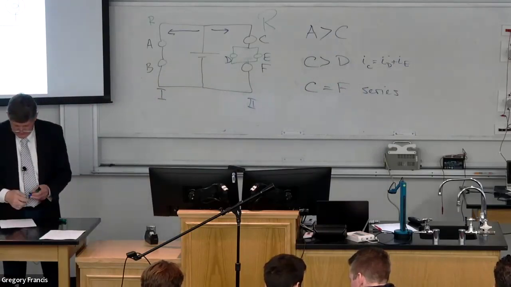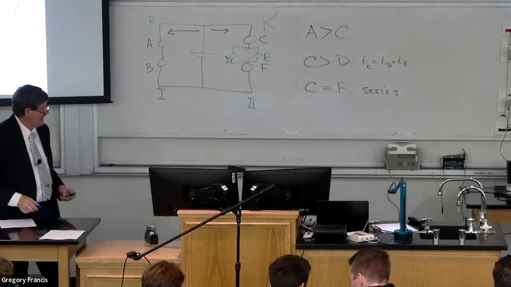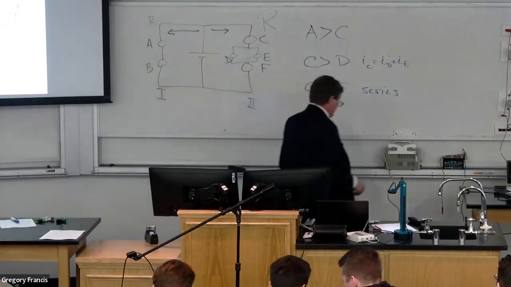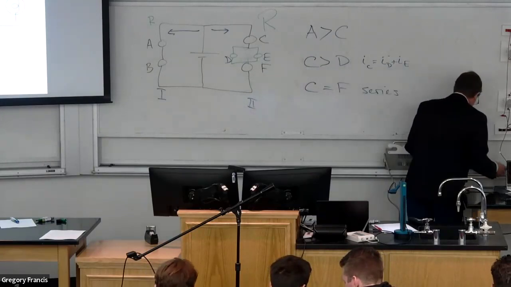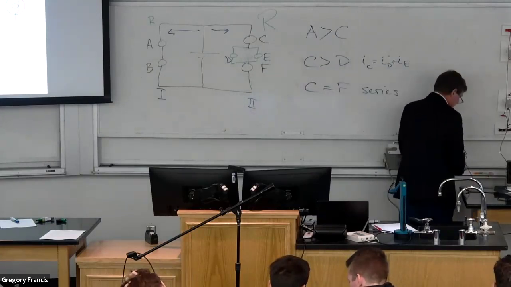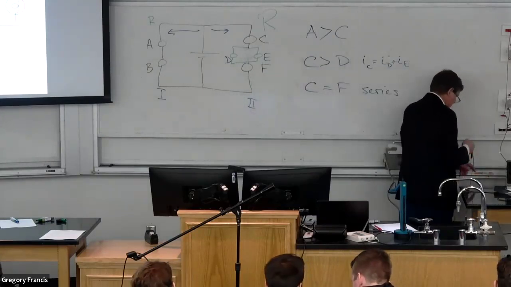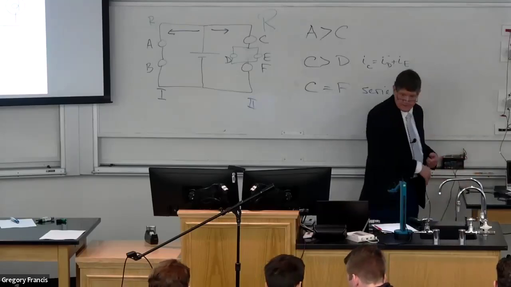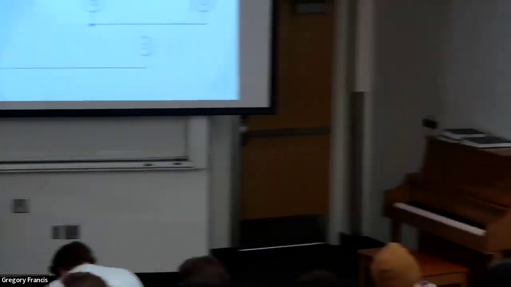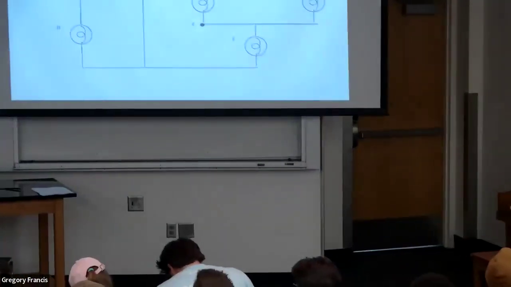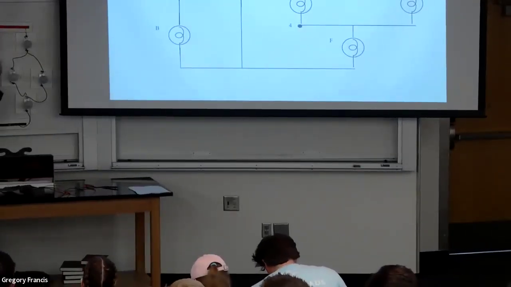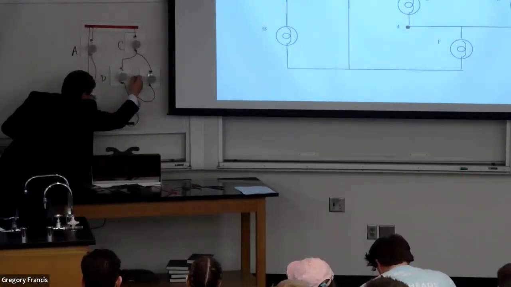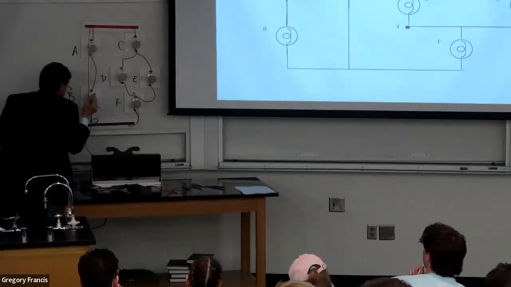Now, I can show this by hooking up this circuit. Let me label my bulbs. This be A, B, C, D, E, F. Okay.